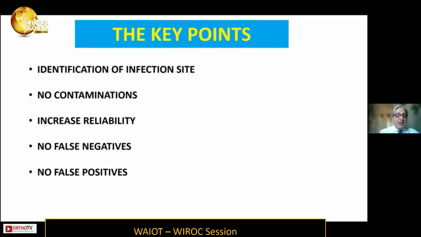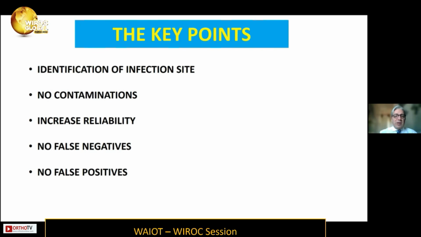The identification of the infection site is very important. You need to localize where the infection is seated. How to avoid contamination during sampling. How to increase the reliability of your diagnosis, and especially how to avoid false negatives as well as false positives.